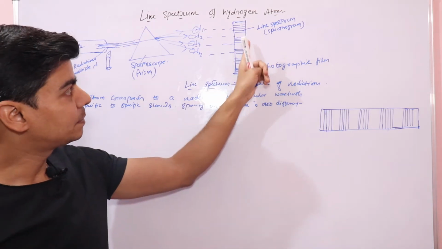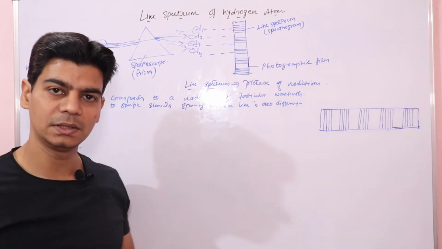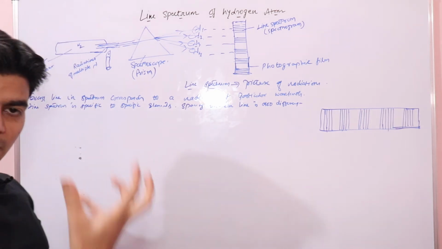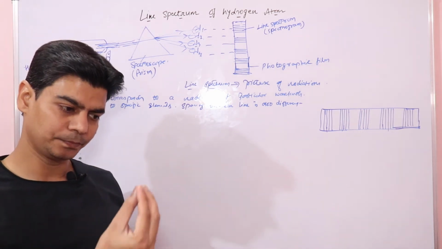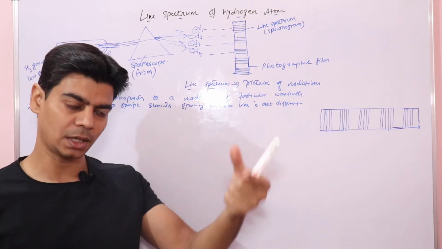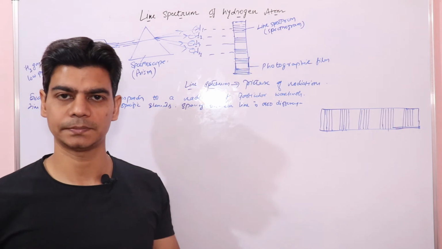So the lines that you see in this spectrum are nothing but waves, radiations formed when excited electrons in the hydrogen atom return to their ground states.